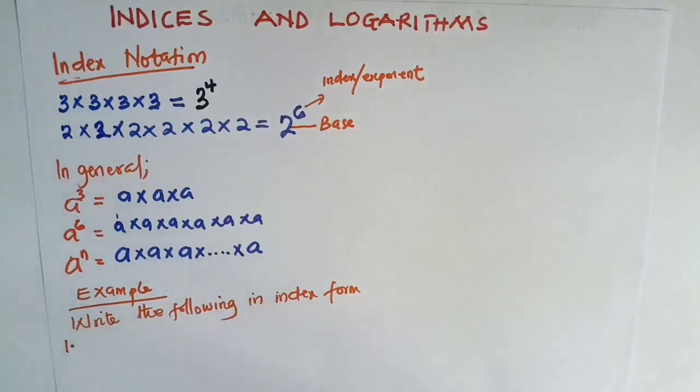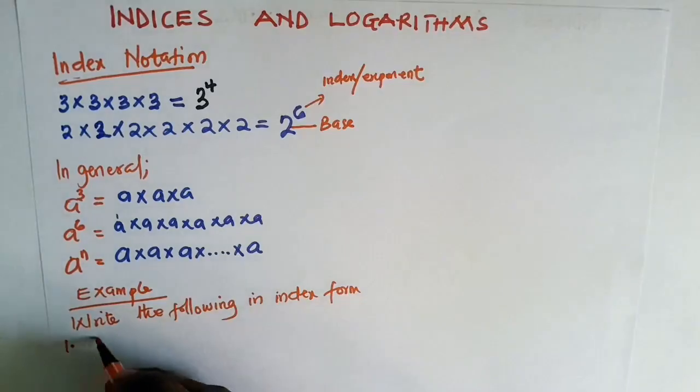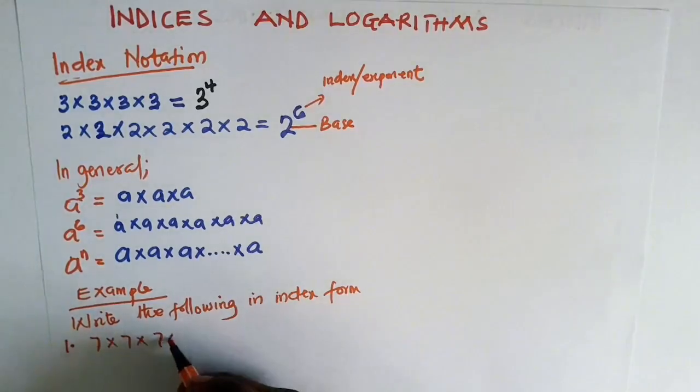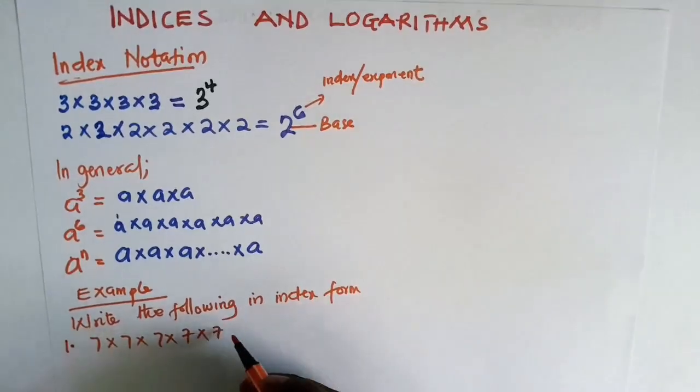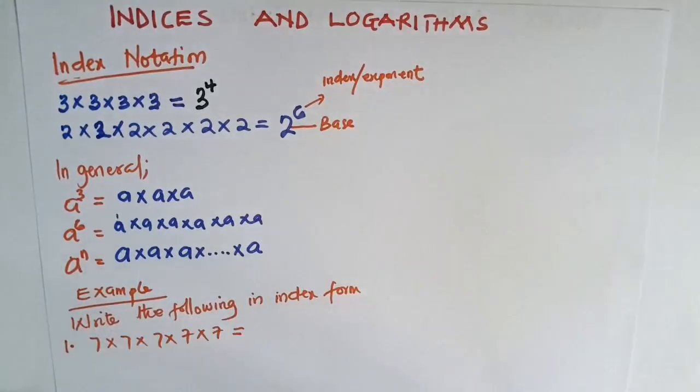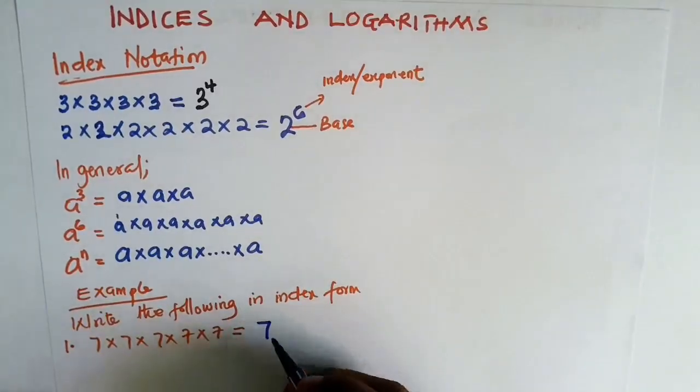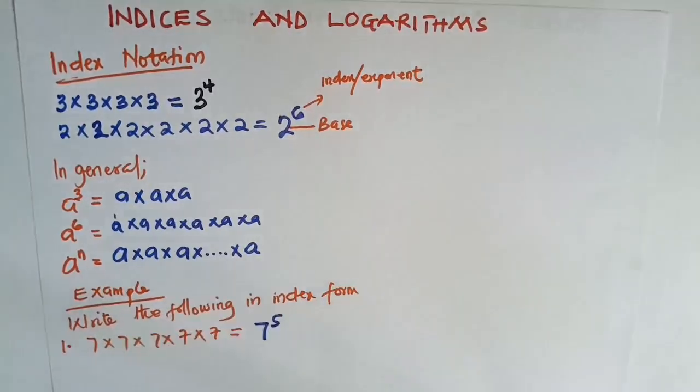The question says we should write the following in the index form. The first one is 7 by 7 by 7 by 7 by 7. You can pause the video and write your answer. Okay, so you had 1, 2, 3, 4, 5, so that will give us 7 power 5.